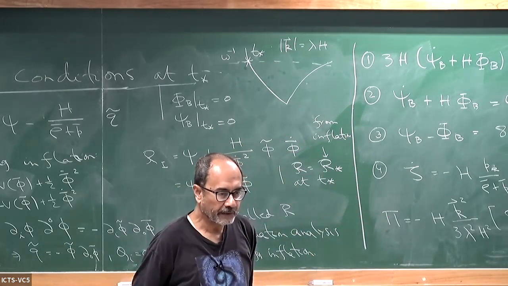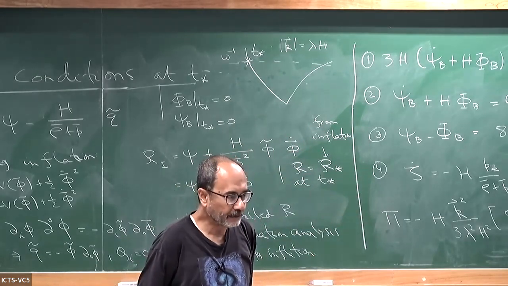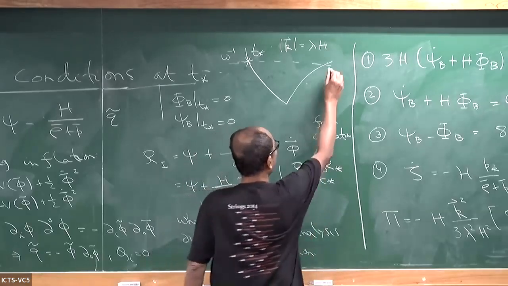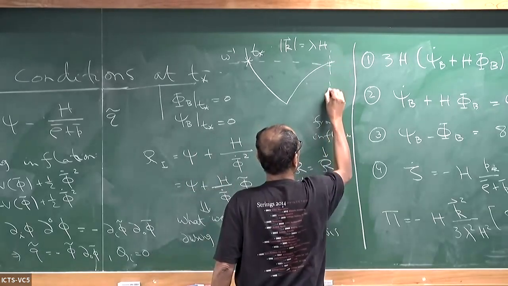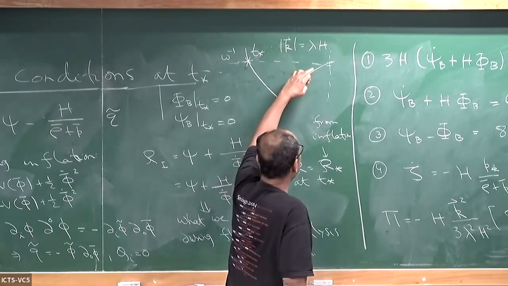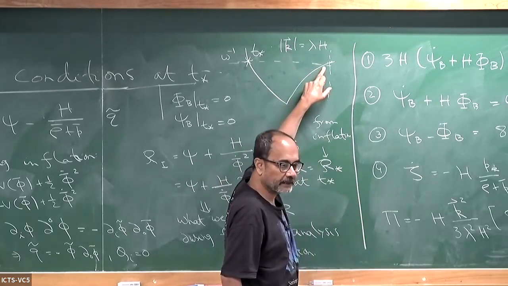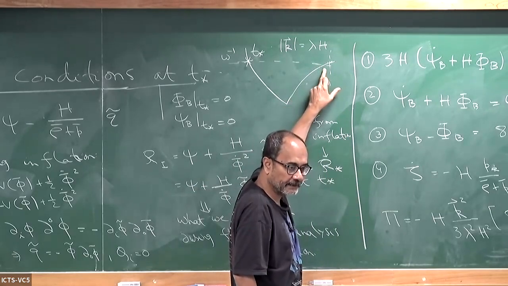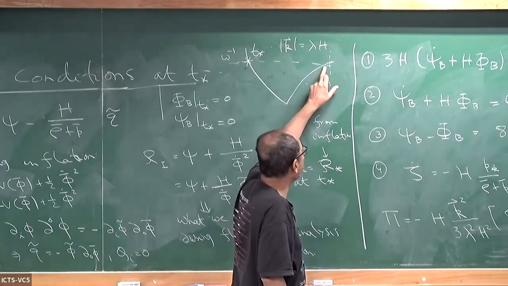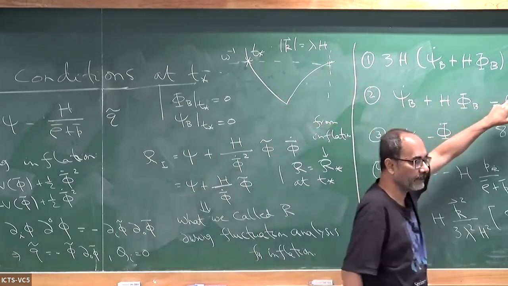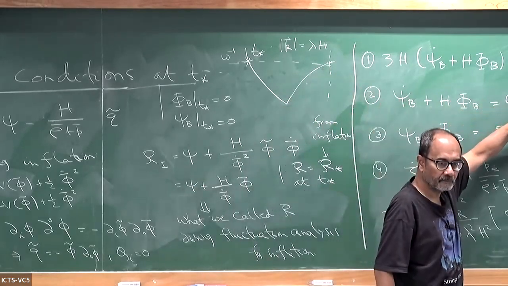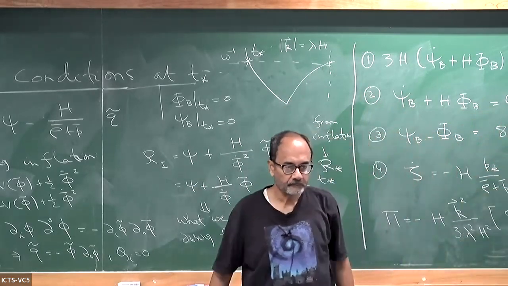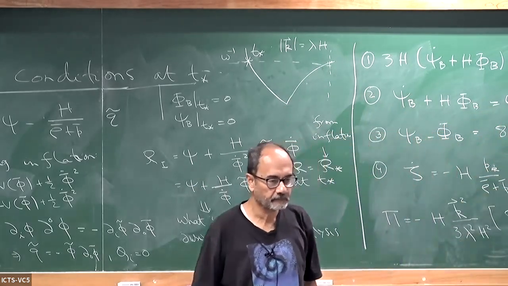For perturbations which enter the horizon, for example, suppose the last scattering surface is here, then it remains super horizon up to this point, but after this it becomes sub horizon. So after this time, those terms become important, and you have to take them into account. Is this point clear?